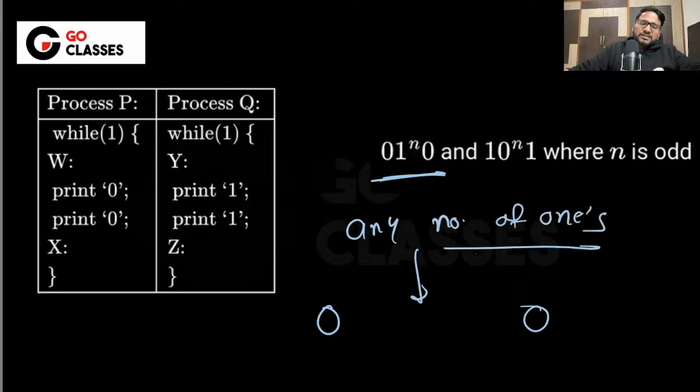So what is the difference between the previous problem and this problem? Here also they are saying 0 0 and then 1 1 can come. I mean between two zeros like this, then okay, odd number of ones can't come.